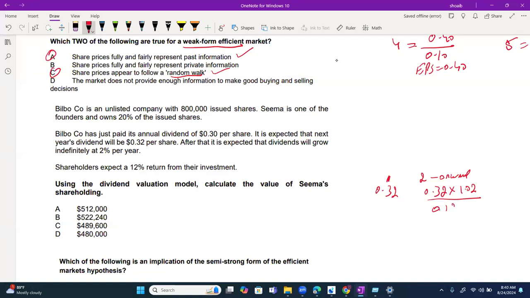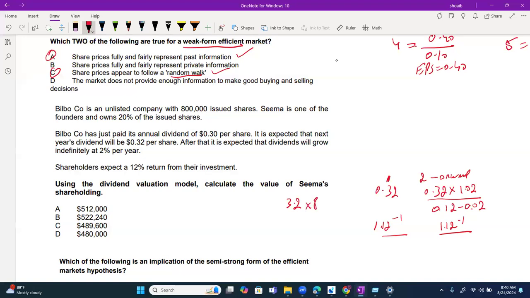Discount rate is 12%, and we will apply the 12% discount rate. Minus 1, that will come here as well. 0.32 into 1.02 divided by 0.1. 3.2 is the answer per share.